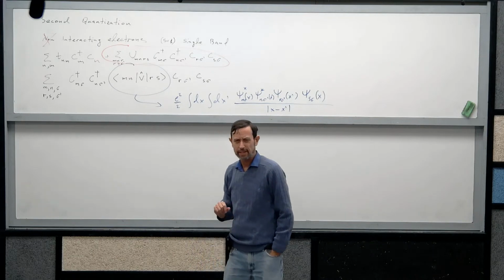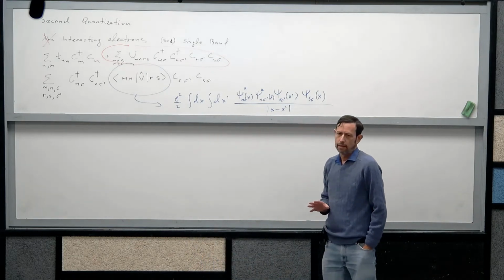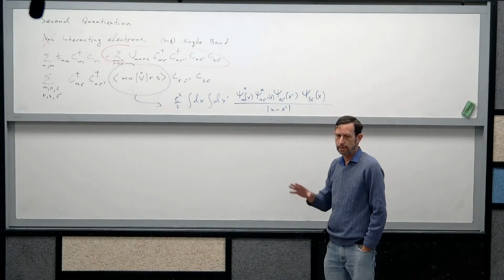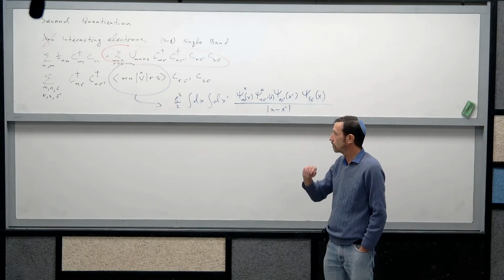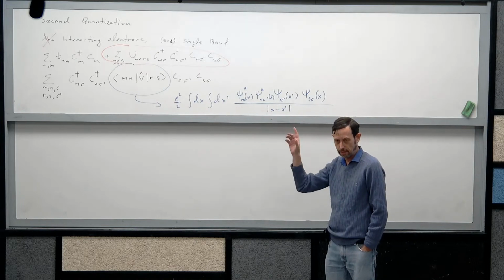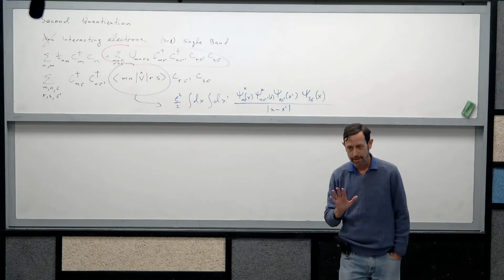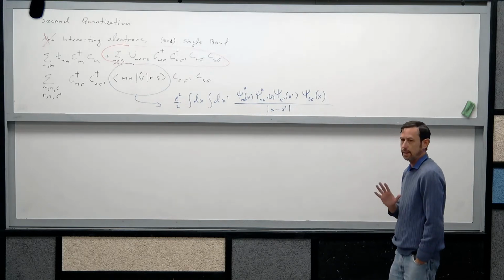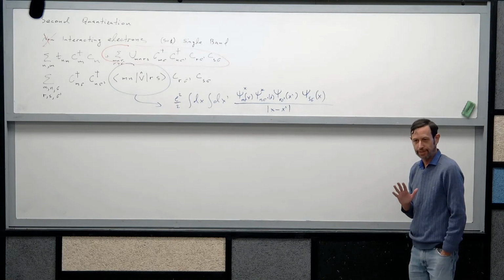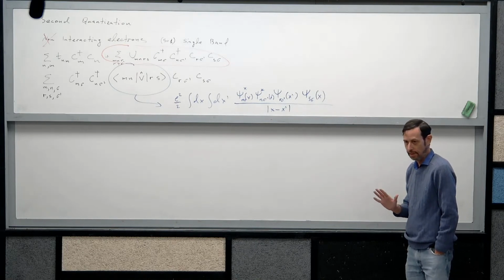But as you will see, in most physical examples, I won't use even this form. I'll try to simplify it. And even in the simplified version, it's not always trivial to solve.